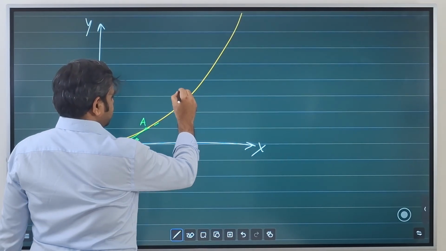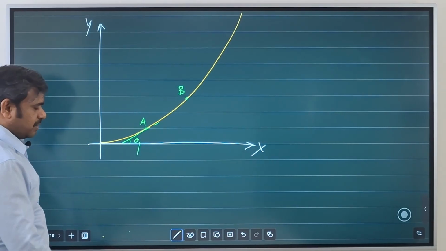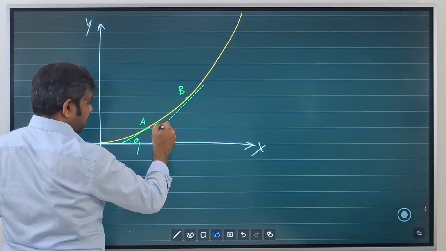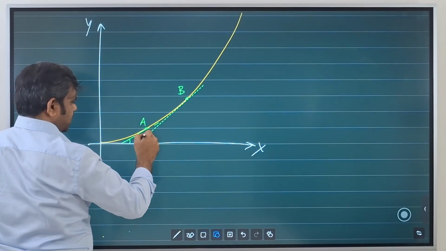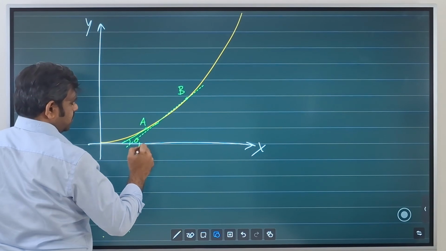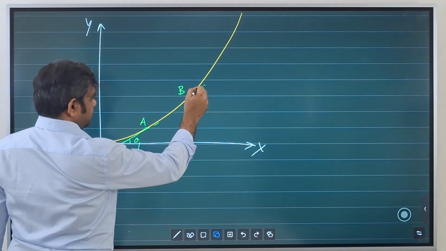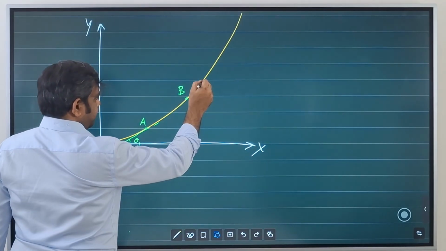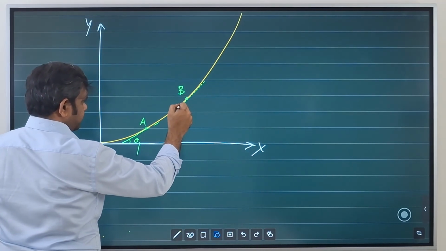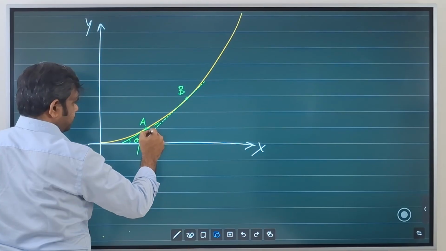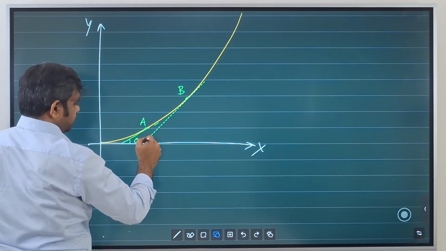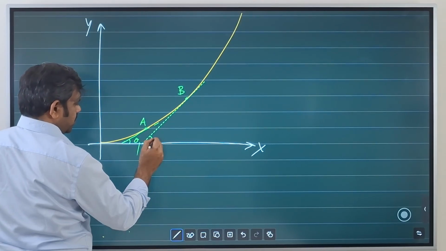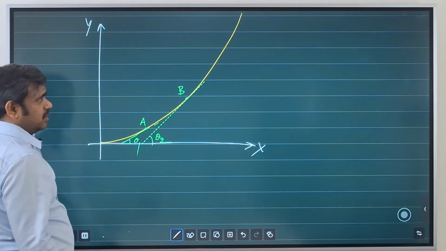Draw a tangent here, say at point B. Now look at the angle made by the tangent with the x-axis.